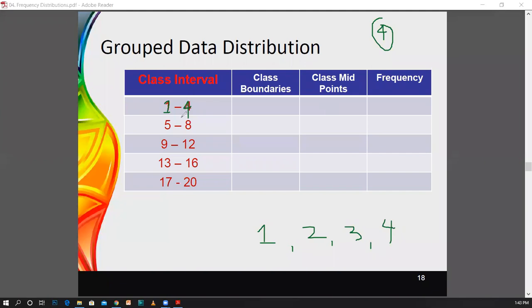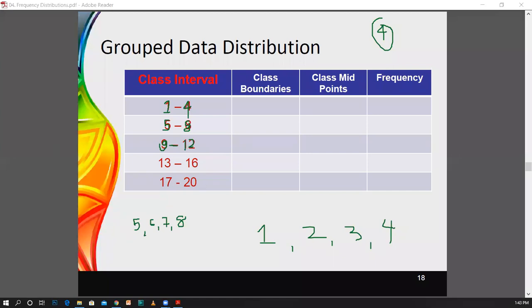Then you can start the next class interval from the value 5. Starting from 5, 6, 7, 8, you have 4 units, therefore you can end the class interval at 8. The next class starts from 9 and ends at 12. The next ones are 13 to 16 and 17 to 20.